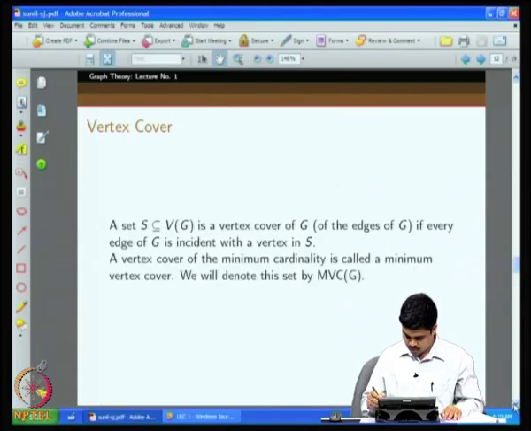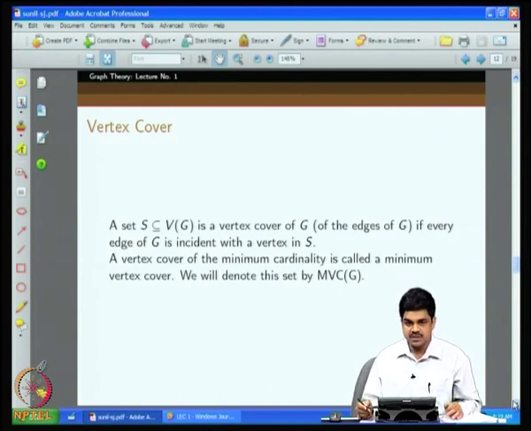The vertex cover is just a collection of vertices such that every edge has at least one endpoint in it. Minimum vertex cover is the one which minimizes the cardinality. That means we want the smallest vertex cover.